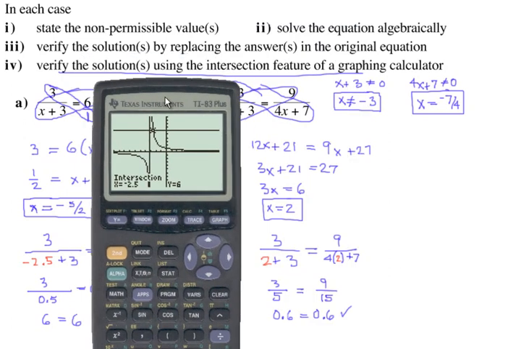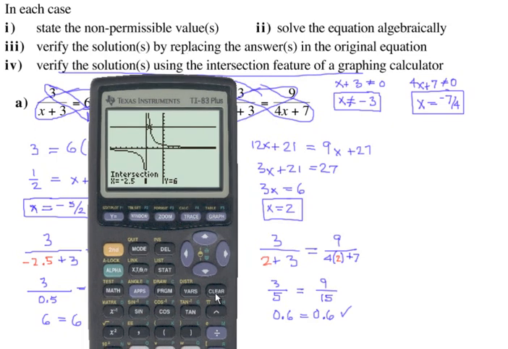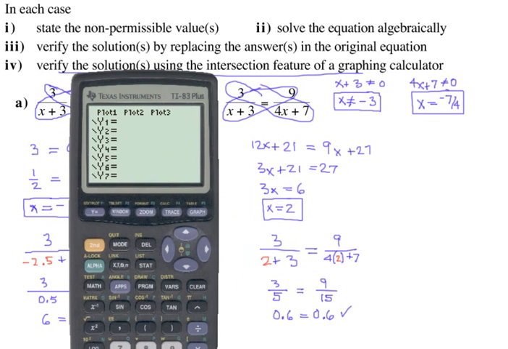And if you don't believe anything until it's told to you by a calculator, you can check this electronically as well. Left side would be 3 over x plus 3. Right side is 9 divided by 4x plus 7. Graph.